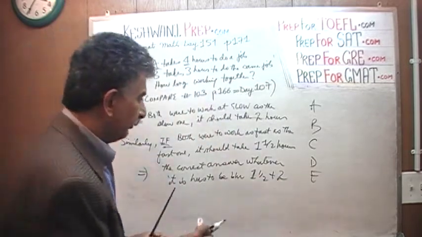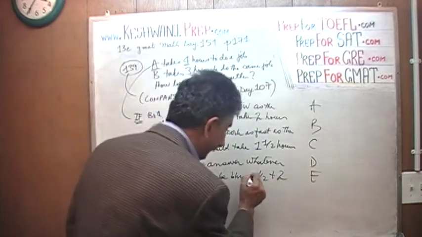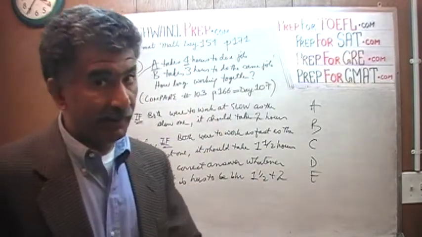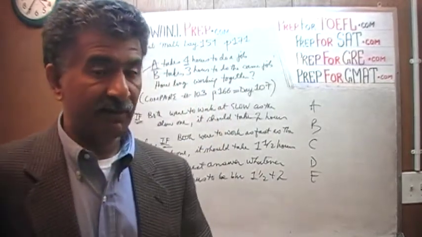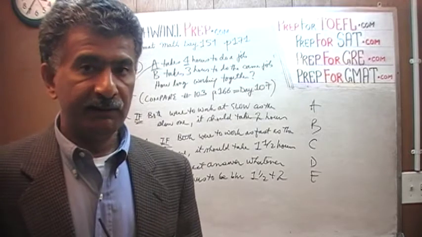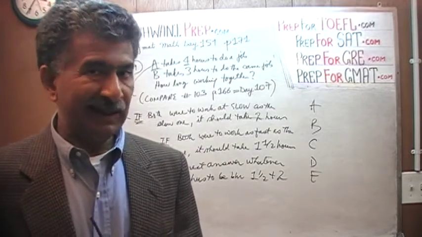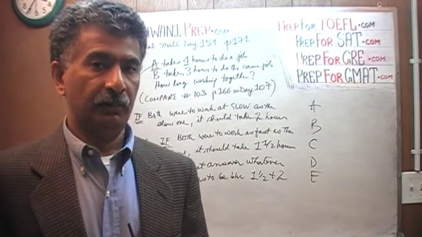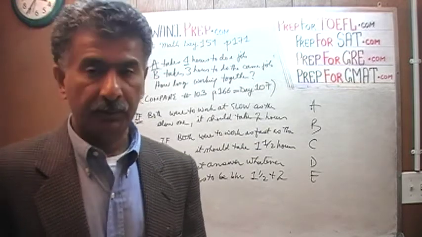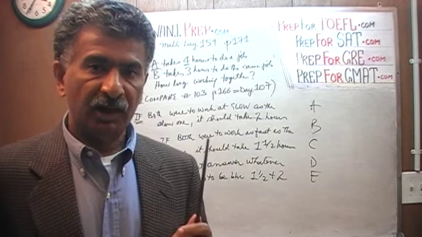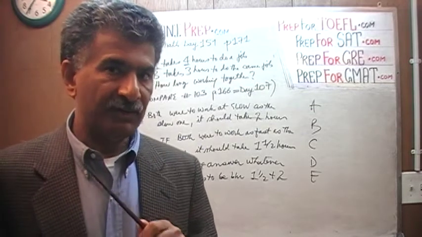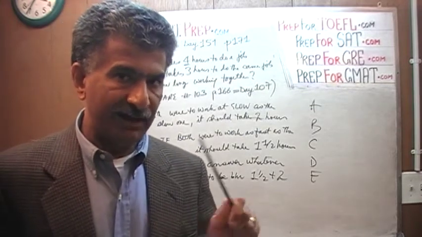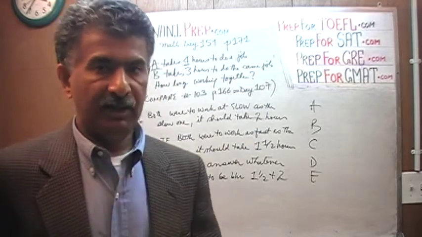It cannot be exactly 1.5, because both machines are not working as fast as the fast one, and it cannot be exactly 2 hours, because both machines are not working as slow as the slow machine. One is faster than the other, or one is slower than the other, however you want to look at it. So it's got to be somewhere between 1.5 and 2. Any answer choice that falls outside this range is utter nonsense.